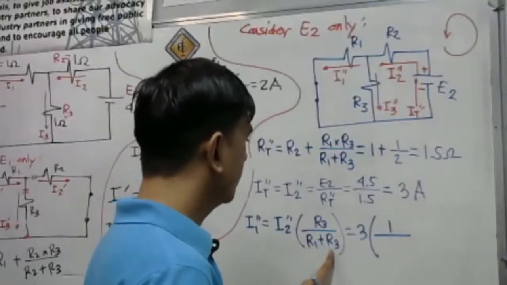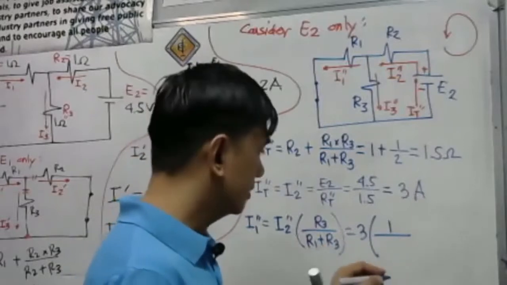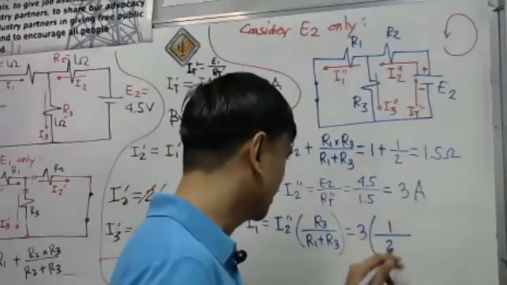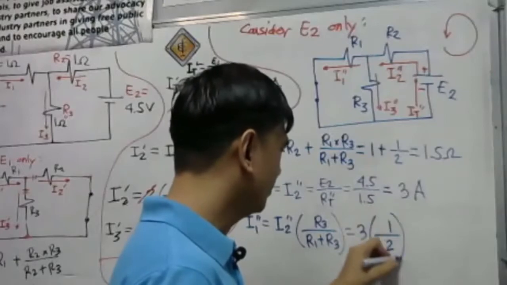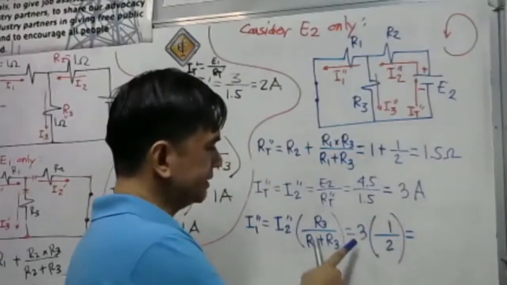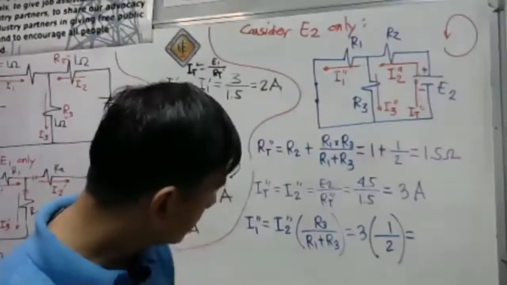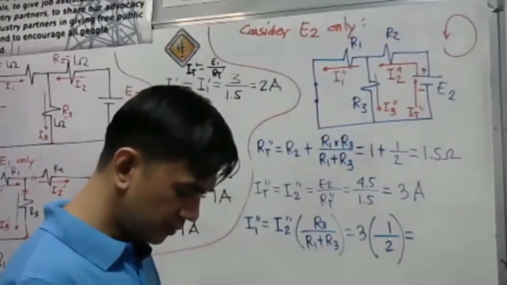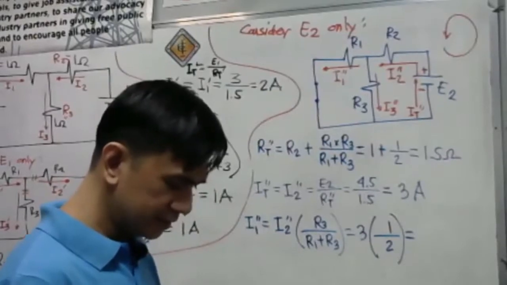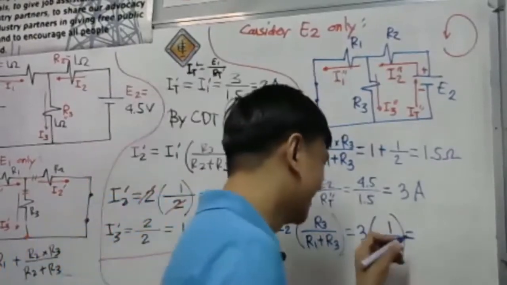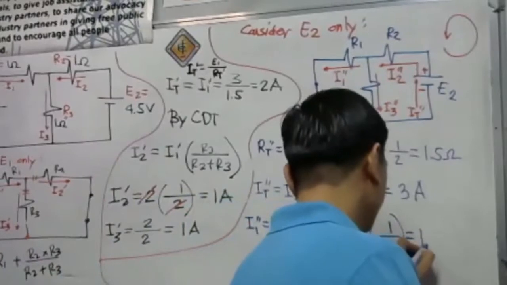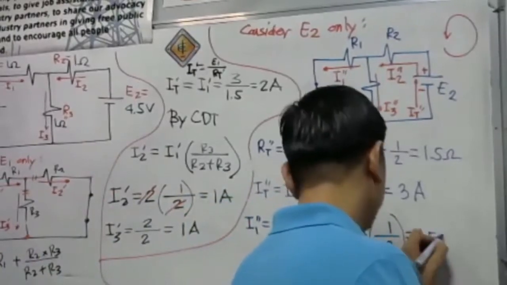So 1 plus 1 is simply 2. What is 3 divided by 2? That is 1.5. So we have here 1.5 amperes.